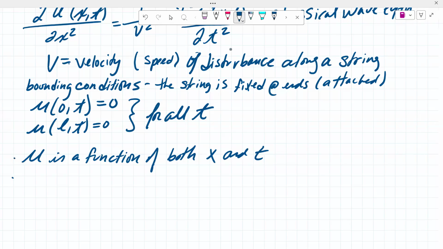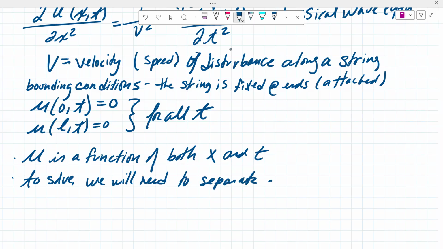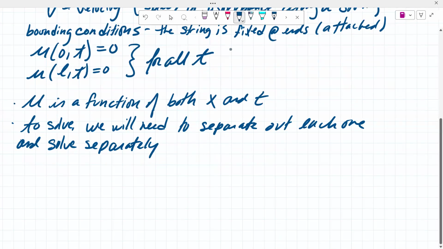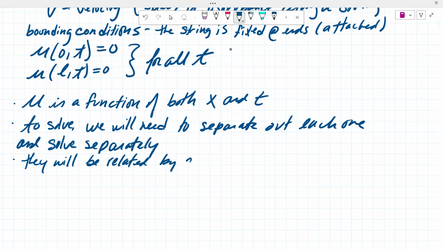In order to solve, we will need to separate out each one and solve separately. They will be related by a constant k, which will become important later on.